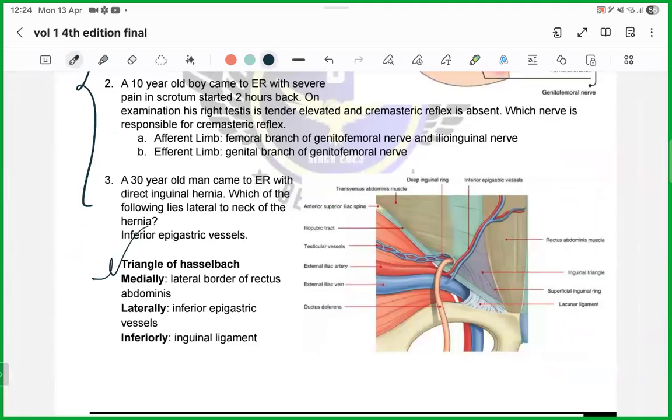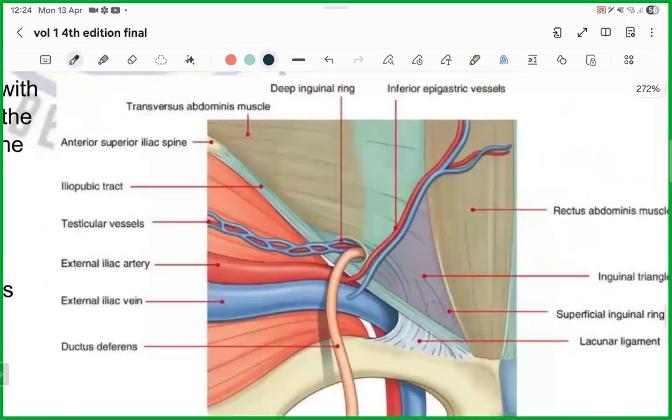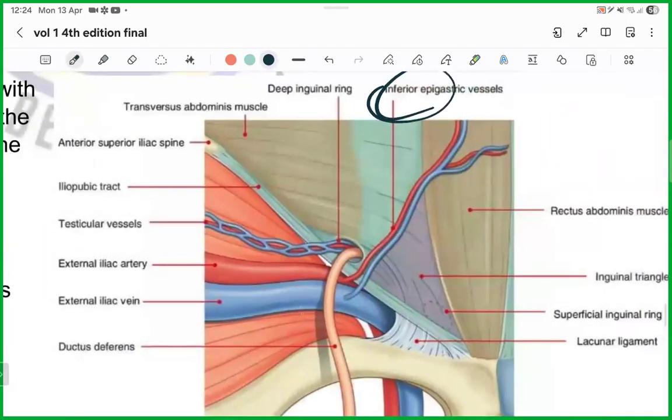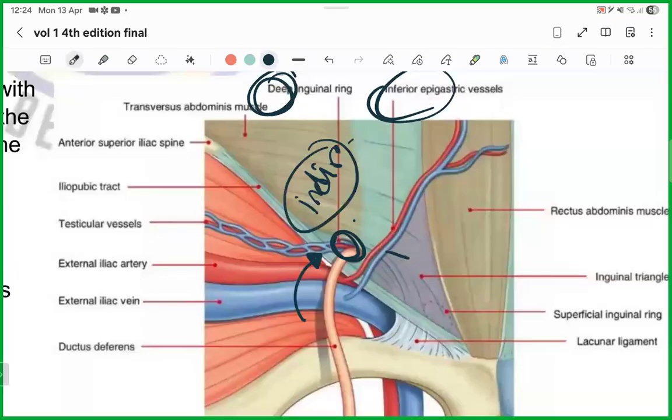Triangle of Hesselbach. The triangle I have shown you: the inferior epigastric artery, and laterally we have the deep inguinal ring, and medially we have nothing. Now, if any hernia goes inside this ring, we call it indirect hernia, and any hernia that is medial to this inferior epigastric artery is called direct inguinal hernia.